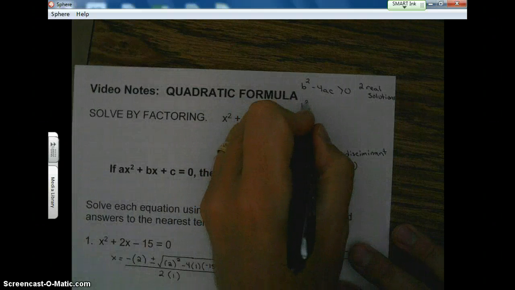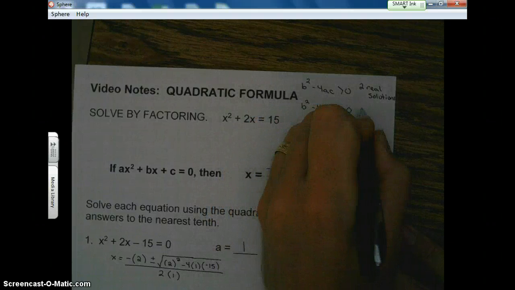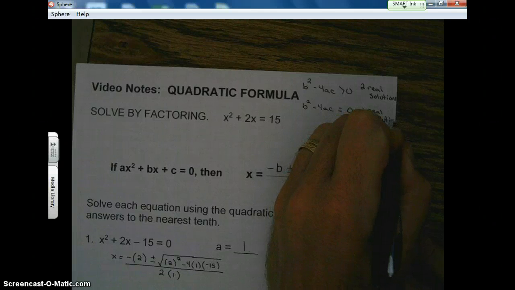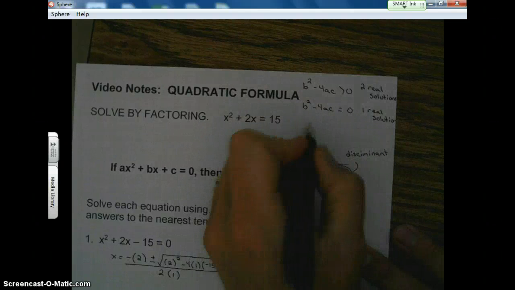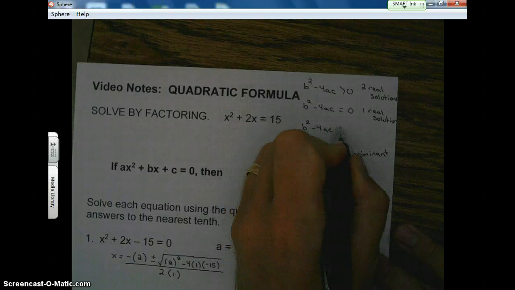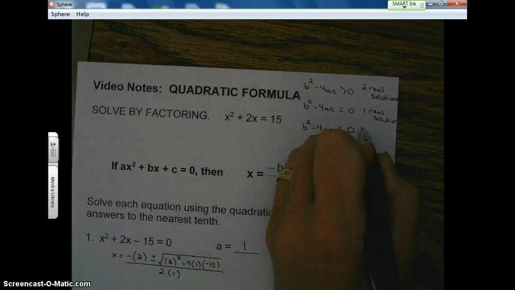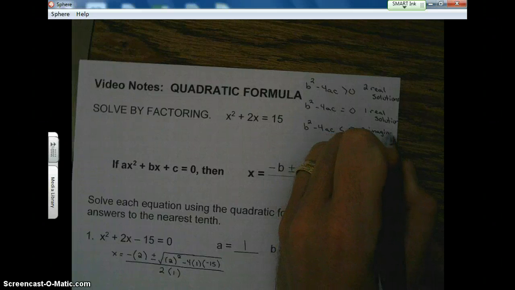If b squared minus 4ac, the discriminant, is equal to 0, we have 1 real solution, and we call that a double root. It's the same root twice. If the discriminant is less than 0, that would mean it's a negative number, we have 2 imaginary solutions.